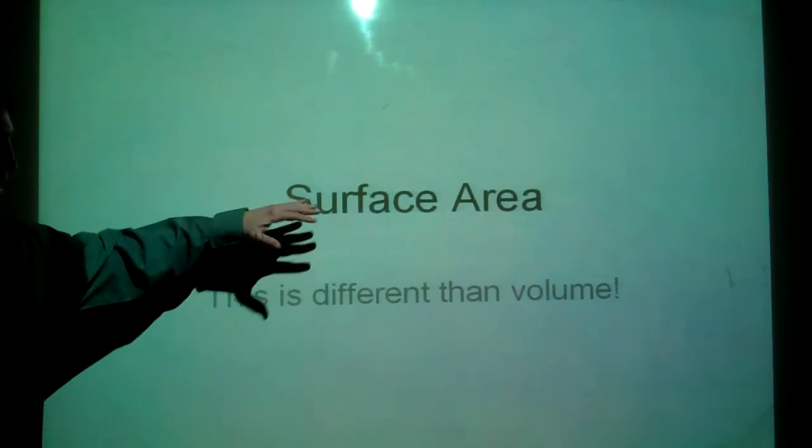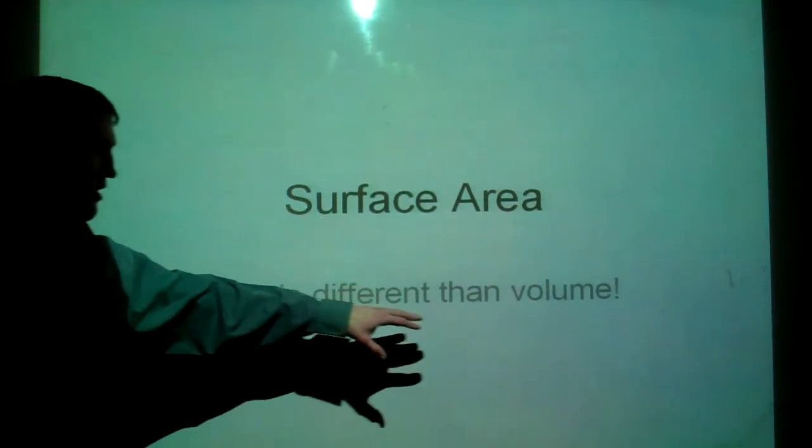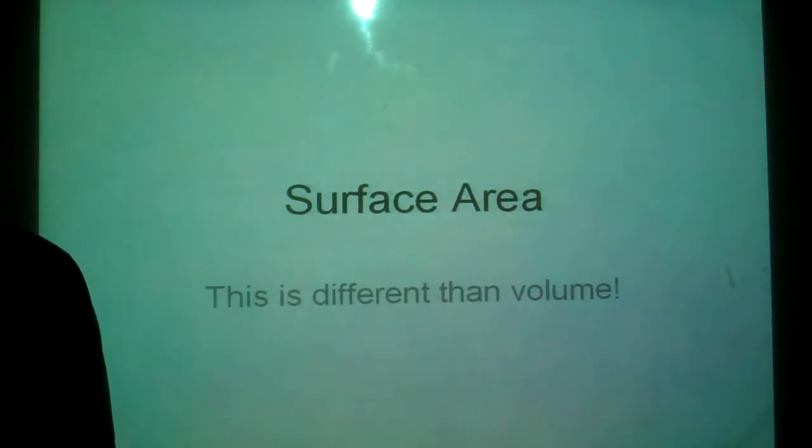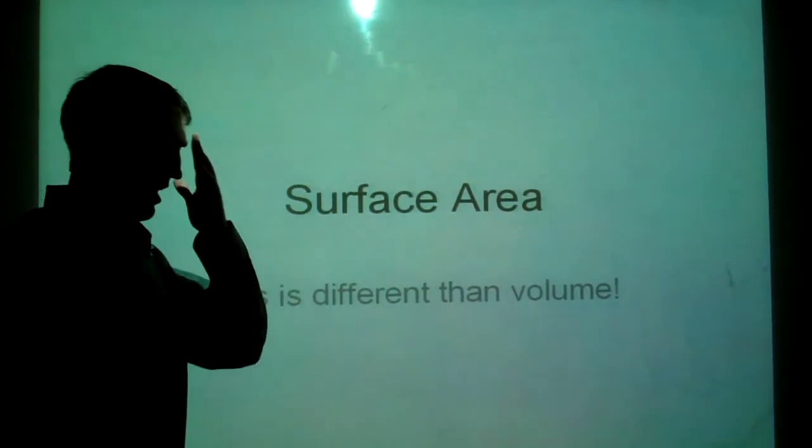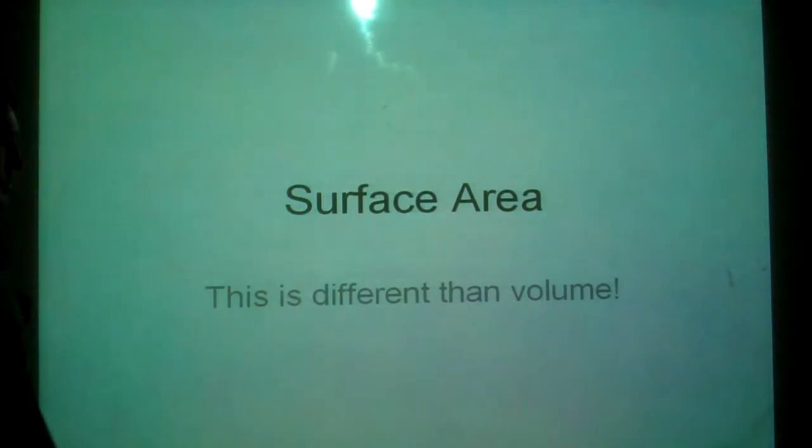So here we're talking area, a two-dimensional thing, while volume is a three-dimensional thing. The confusing part is we're talking two dimensions even though we're dealing with a three-dimensional object, and I'll show you what we mean when we get into this.